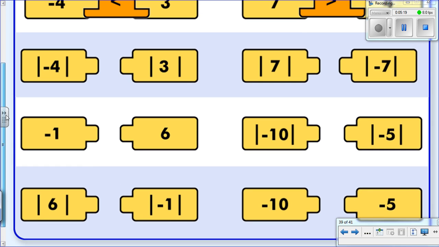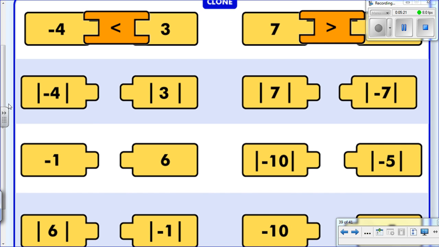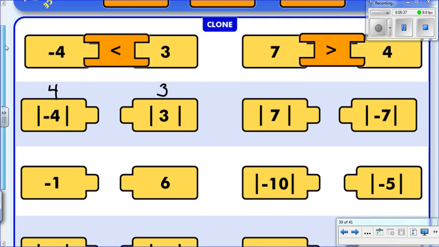Now in the next set, we have to solve them before we can identify which is bigger. So the absolute value of negative 4 is 4 because it's 4 units from 0, and the absolute value of 3 is 3 because it's 3 units from 0.